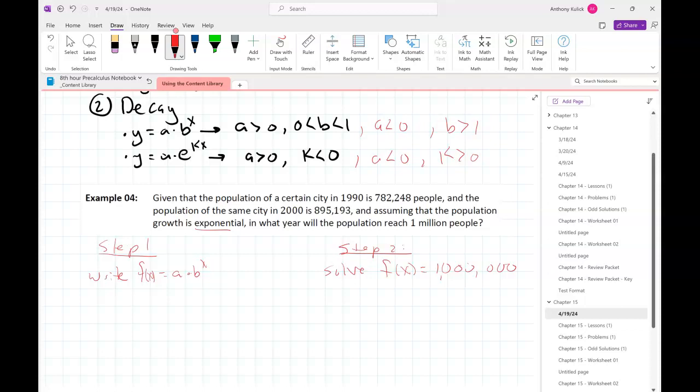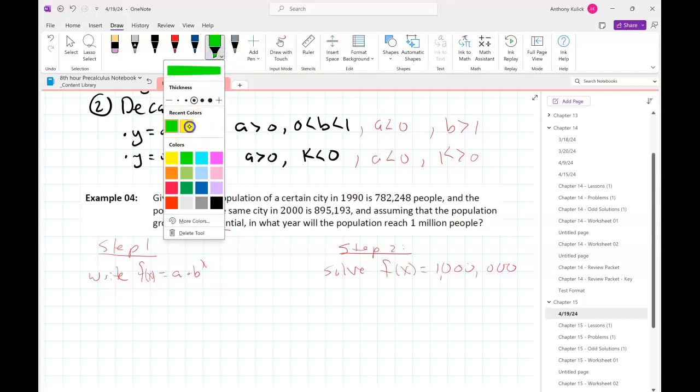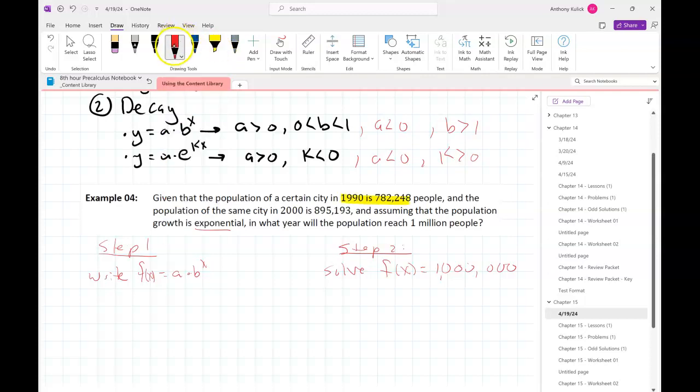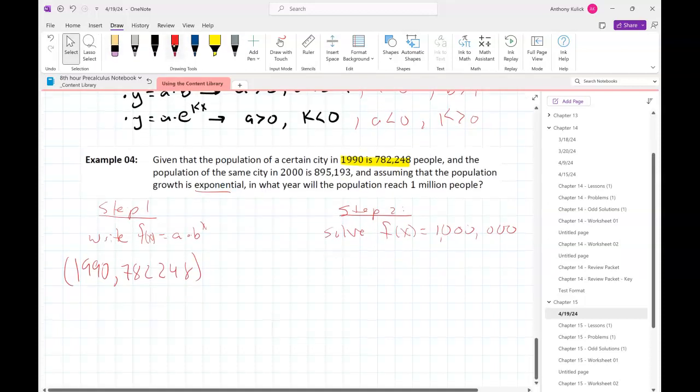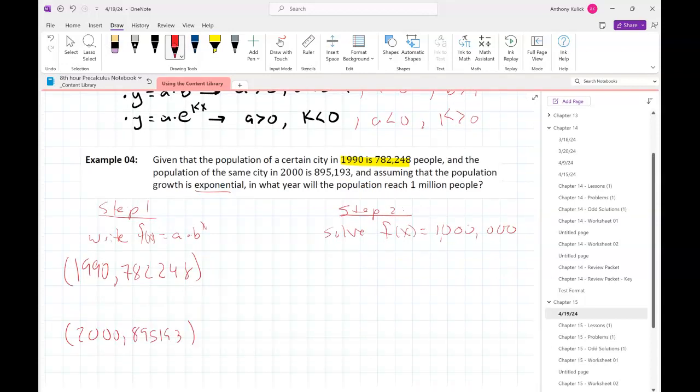Population depends on the date, right? I agree. So that tells me that if I look at this first piece of information, what I see is the point 1990, comma, 782,248. And my second point then is 2000, comma, 895,193. Everybody's good?